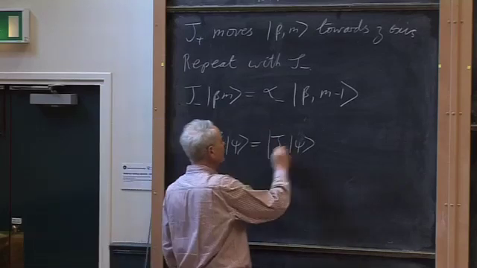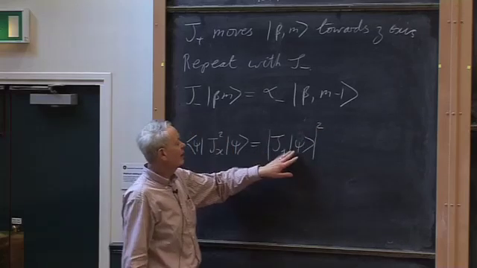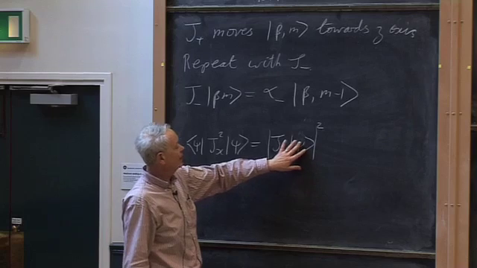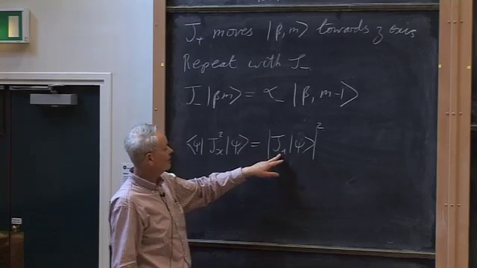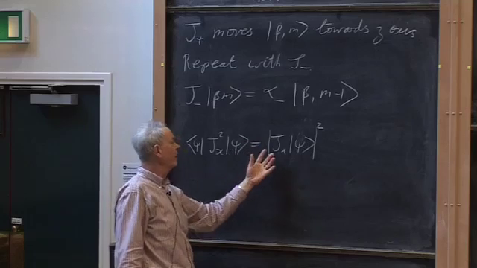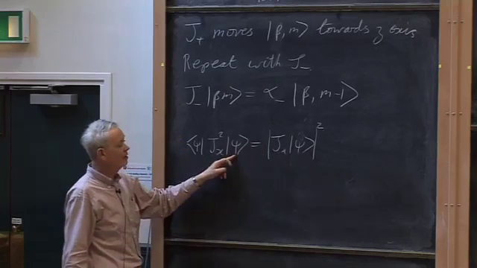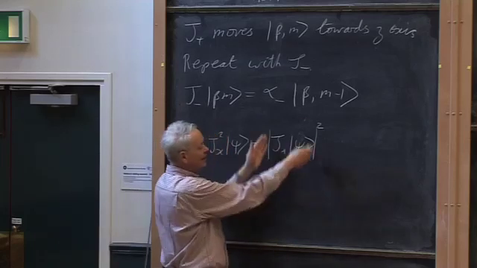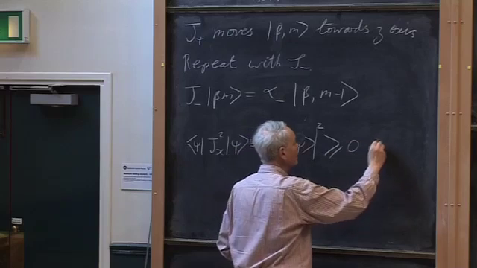It's |Jx ψ| squared, right? Because if you take the mod square of this, what you're doing is taking the Hermitian adjoint of this, which is Jx itself, and multiplying it into this, so you end up with this. And this is the length squared of a vector, so it's greater than or equal to nothing for all ψ.